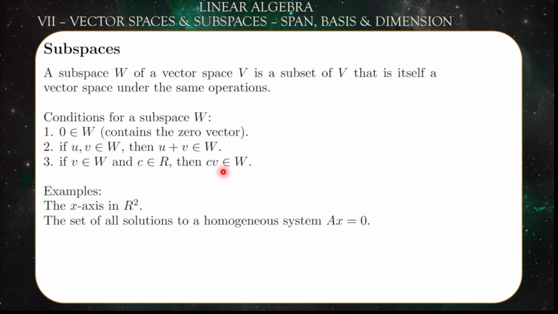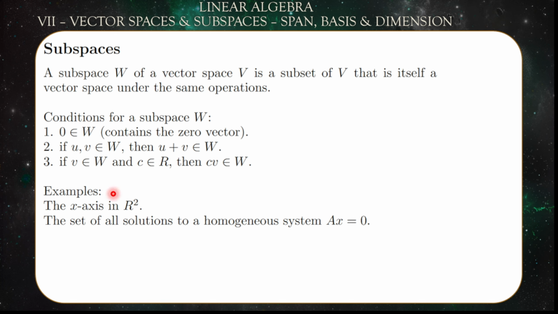So c times v still exists as a vector within the subspace. And since it exists in W, then definitely it exists in V, which is the larger vector space, of which the subspace is only a part.